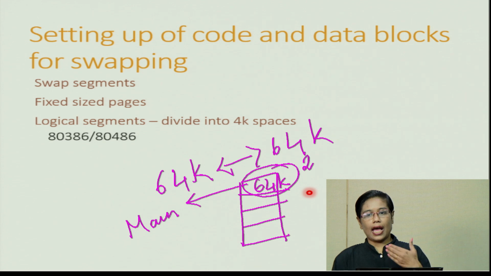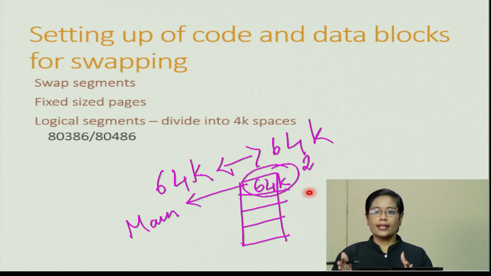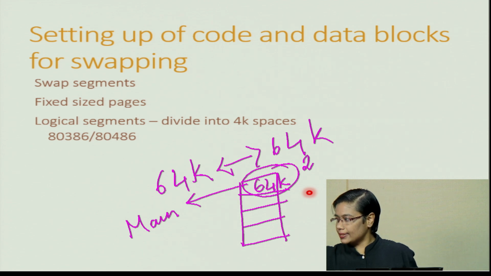That is taken care of by the memory management unit. In case of 80386 or 486, you also have paging. Segments are further divided into 4K spaces, which can be used as the basic memory unit. So this is for 80386 or 80486.